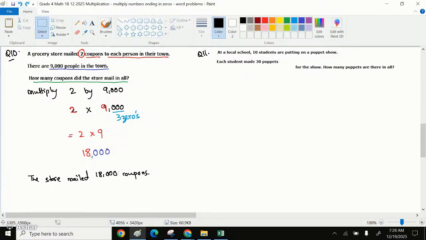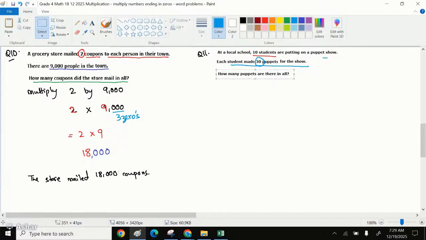The question says that at a local school, 10 students are putting on a puppet show. Each student makes 30 puppets for the show. How many puppets are there altogether?